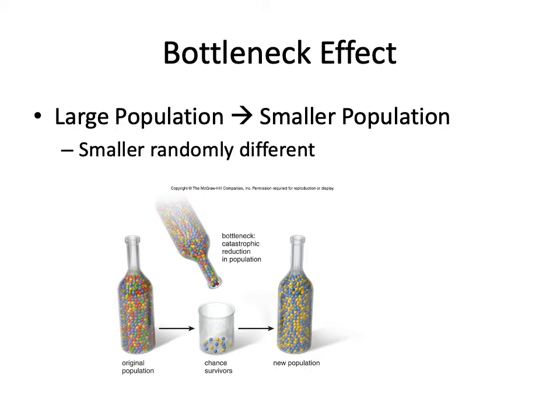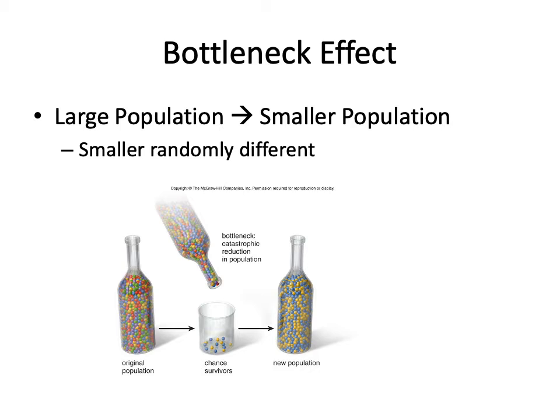And then the smaller population is randomly different than the original population. And then the population rebounds, and the rebounding population has fewer genes, fewer alleles than the original population.